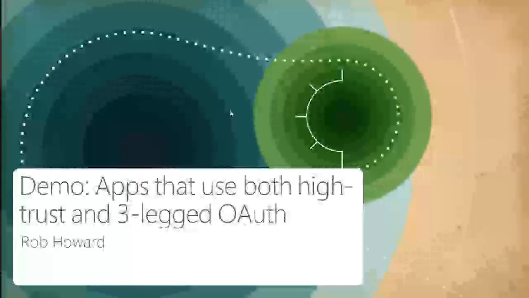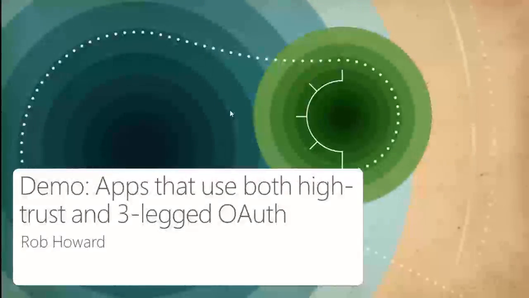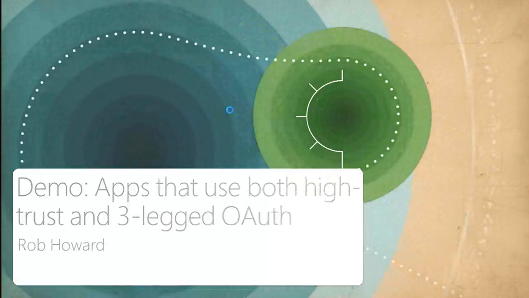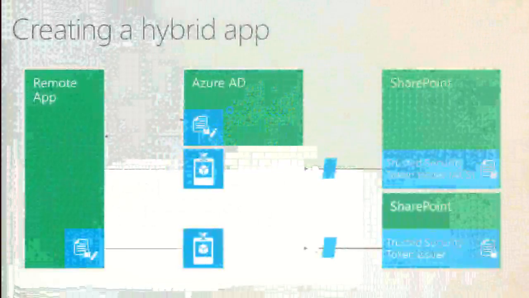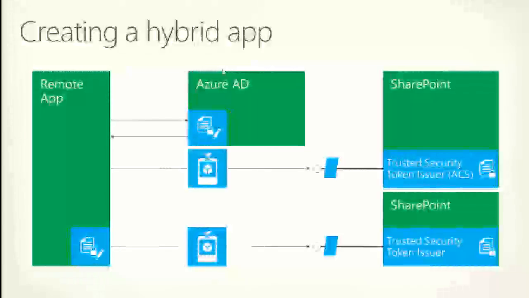One other thing I think I neglected to say along the way, I apologize, is that in the ACS case, if you look at the top portion of this diagram, you see there are three different parties here. SharePoint creates a delegation with Azure AD. The app gets an access token from Azure AD and then talks to SharePoint. So we call that form of OAuth three-legged OAuth because there are three different parties in OAuth.